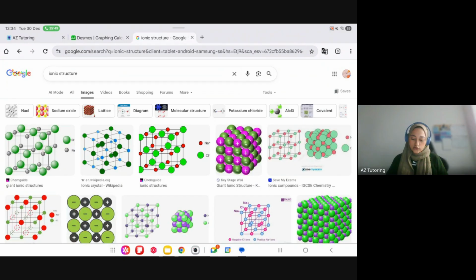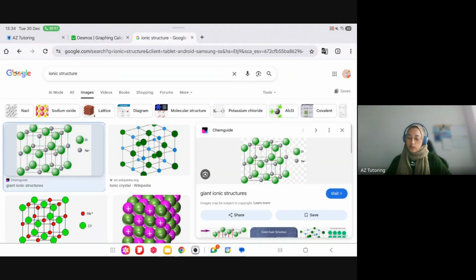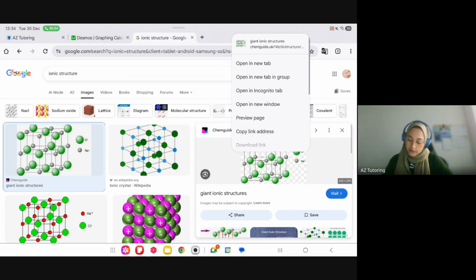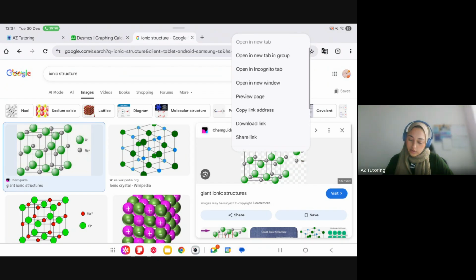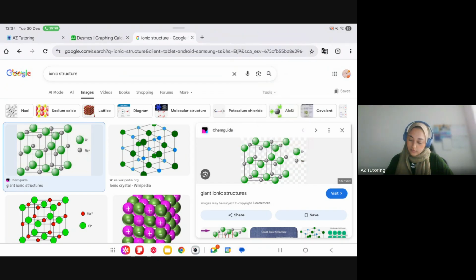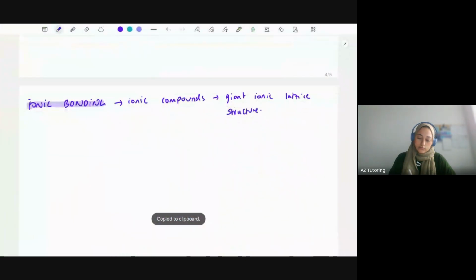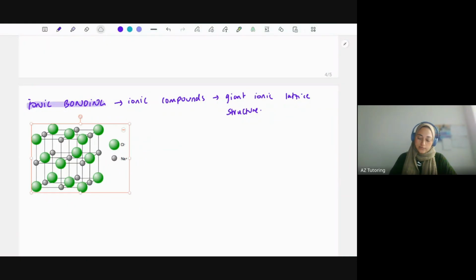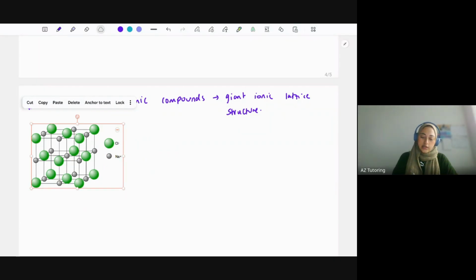There you go. So that's a lattice structure, essentially, like in a 3D way of sodium chloride. Okay, so that's a giant ionic lattice structure.